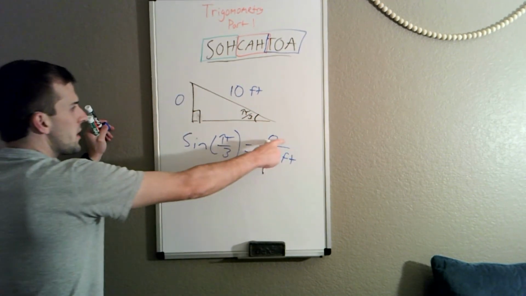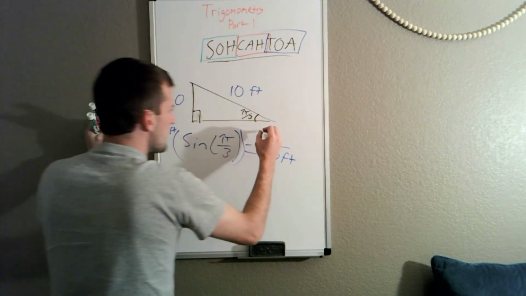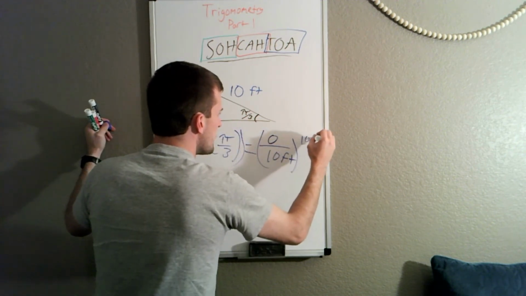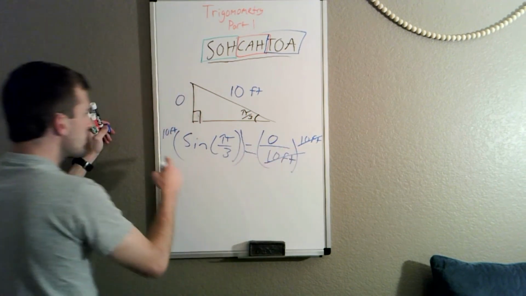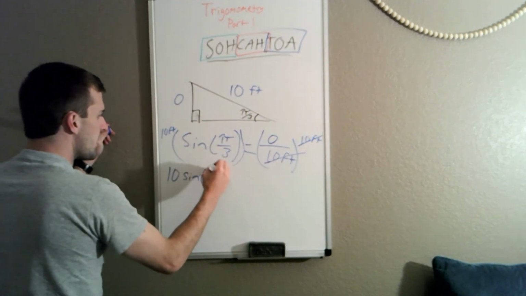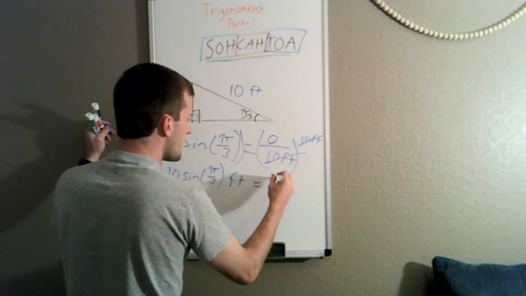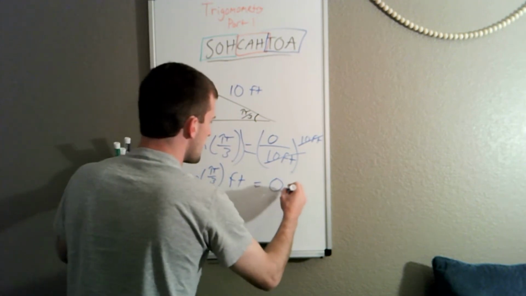And now to solve for opposite, we're going to multiply both sides by 10 feet. 10 feet is going to cancel on this side, and we're going to be left with 10 sine of pi over 3 feet is equal to the length of the opposite side.